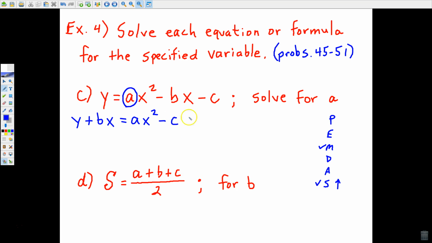What I've done here is undo subtracting bx by adding bx to both sides. Then I'm still on subtraction because I notice that c is being subtracted, so now I'm going to add c to both sides.